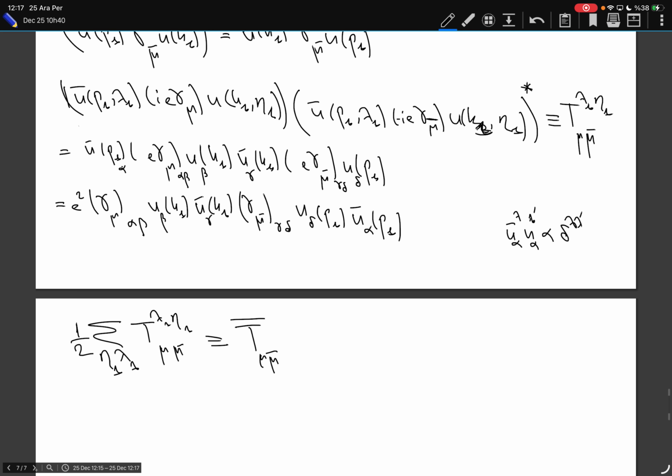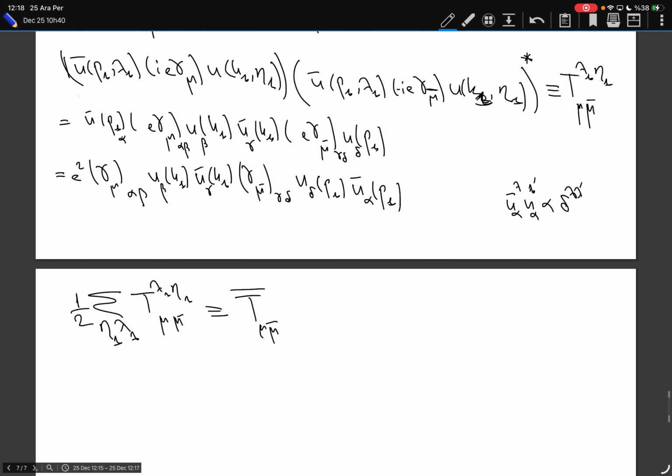Why does it simplify our computation? Because of this relation. Remember, K1 had polarization eta 1, u bar K1 eta 1, with gamma, summed over all possible values of eta 1.